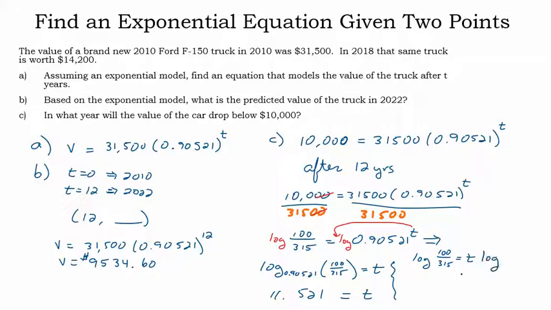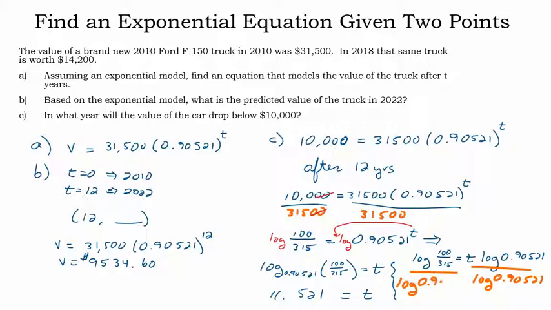So I'll bring the t down in front, and the reason I have to write this as a common log is because I have that button on my calculator. So now I can divide both sides by the log. Common log, log base 10 is common log, and you have a button on your calculator that says log. Everybody has that button, and that's what this is referring to, this common log.